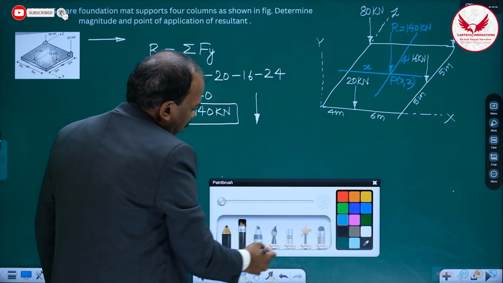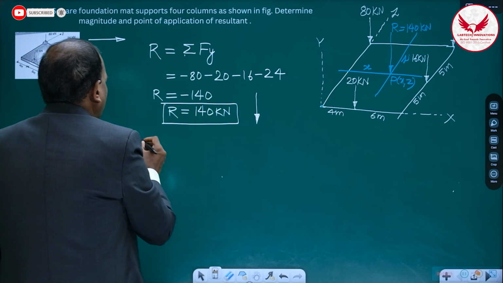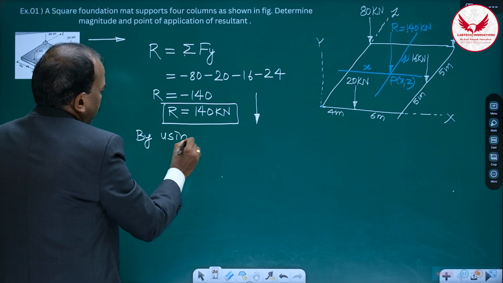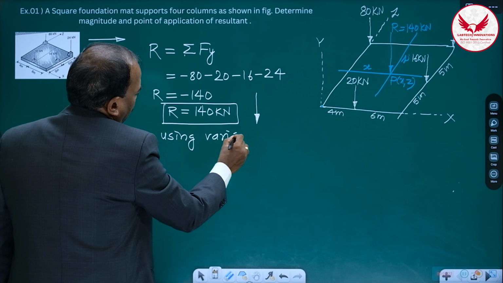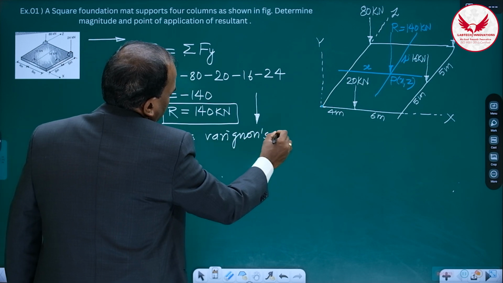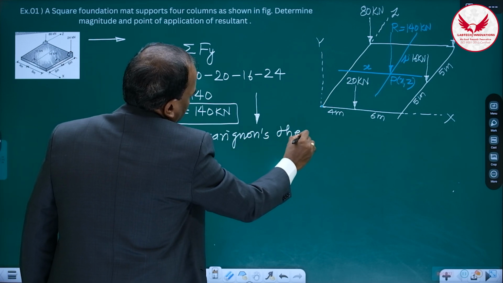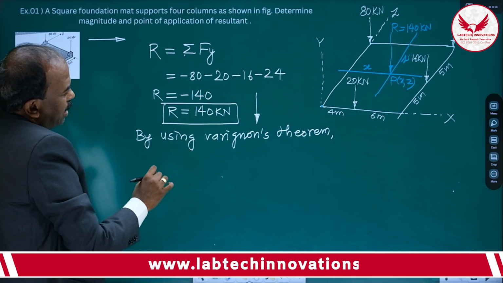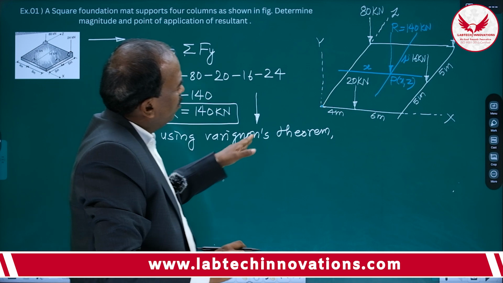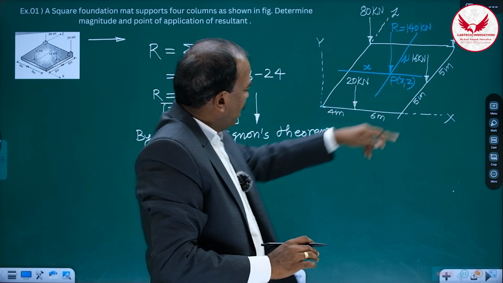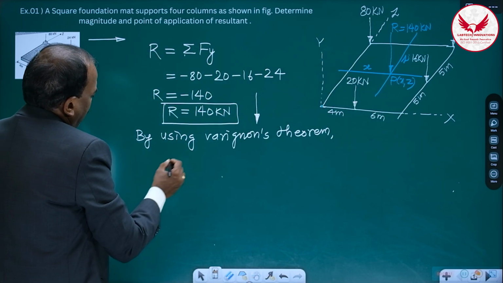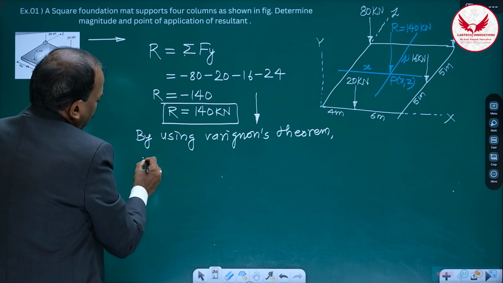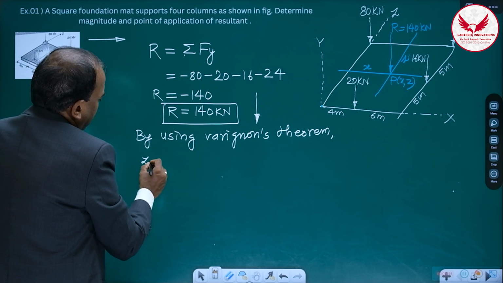Then how can we calculate these two coordinates? By using Varignon's theorem. Varignon's theorem means instead of writing twice, you write it once. Initially we use Varignon's theorem about the z-axis, so that we get the x coordinate. Means first, by using Varignon's theorem about the z-axis.